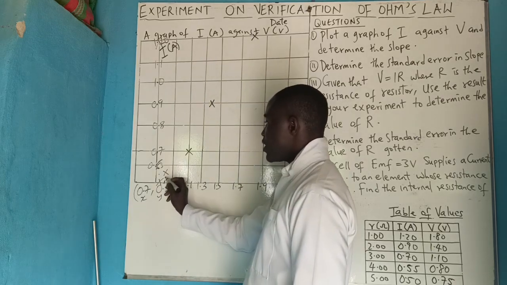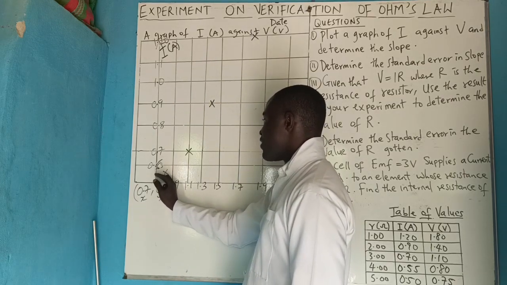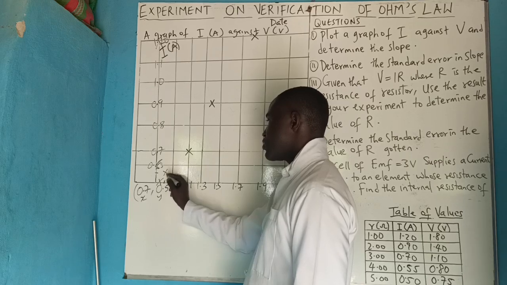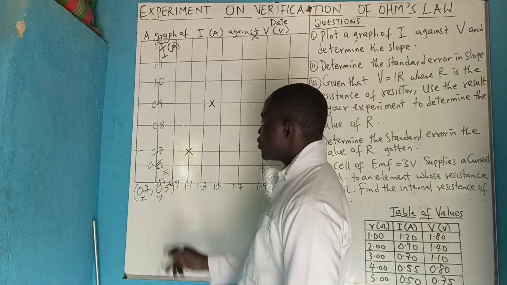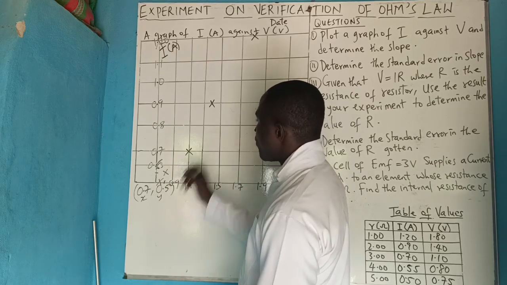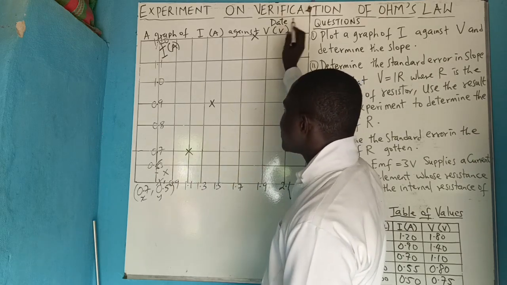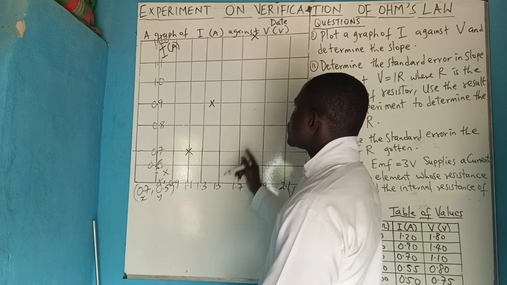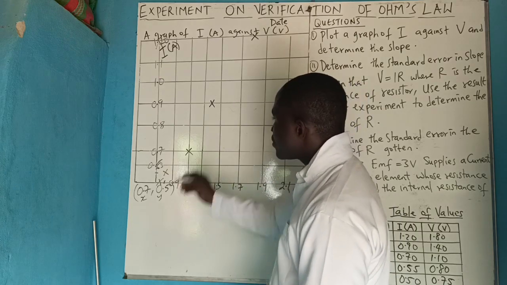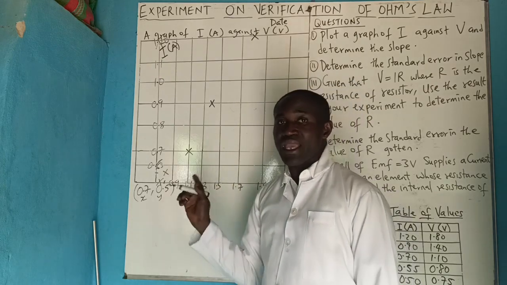Look at 0.8 and look at 0.55. So they will intersect here. So we have located our points. You can see a direct relationship. Next is for us to put our line of best fit so that we can get our slope.